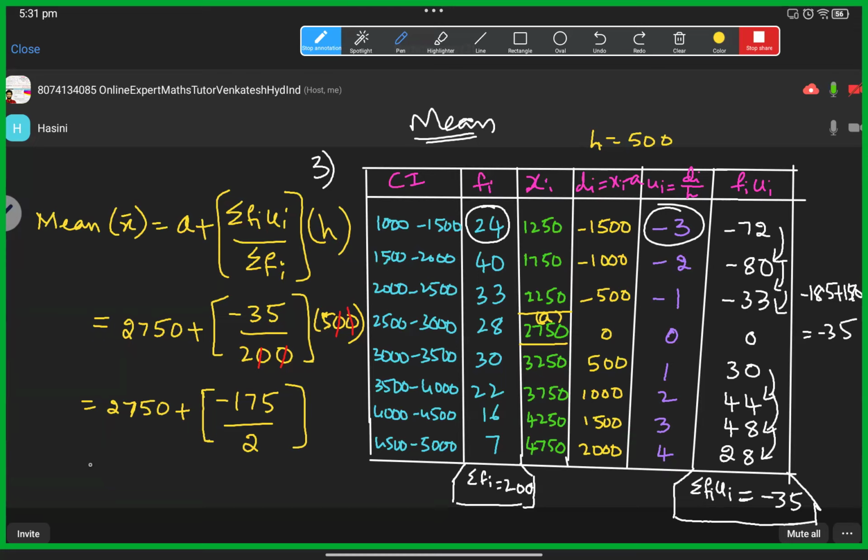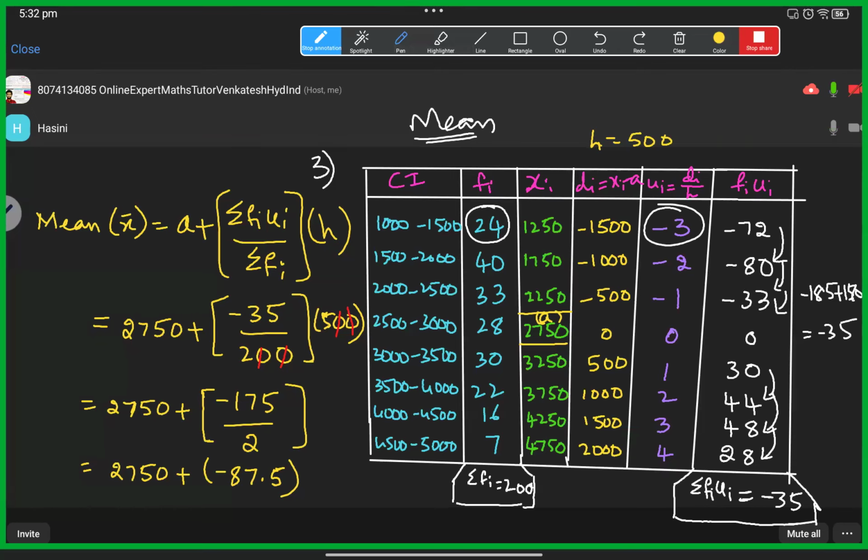Any doubt? So 2750 plus minus 175 by 2. If you divide, 2 into 87 is 174, so it is minus 87.5.